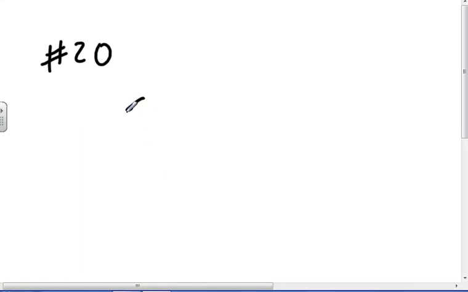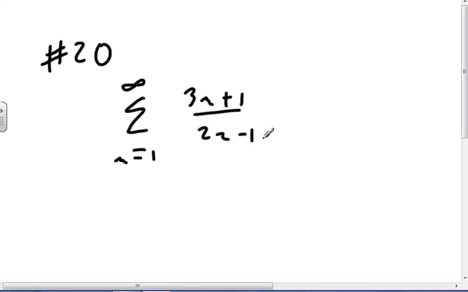Number 20. Determine whether or not the summation n equals 1 to infinity of 3n plus 1 over 2n minus 1 diverges or converges. Okay, now, gut feel, what does it do? It diverges, right.